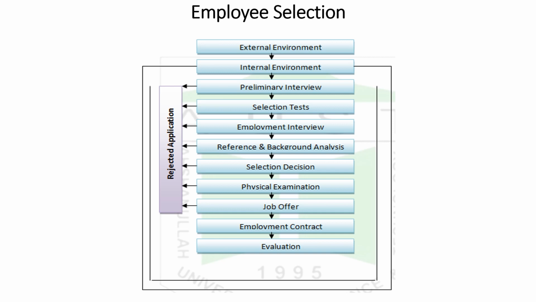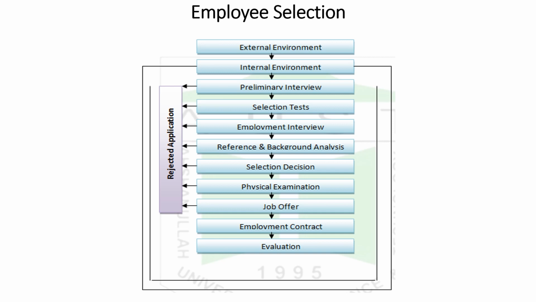Now these are the people who will be joining as employees in the organization, and now the organization will provide them the employment contract. So the employment contract is a statement of the terms and conditions of working as an employee in the organization. There will be a detailed description of the terms and conditions in this.